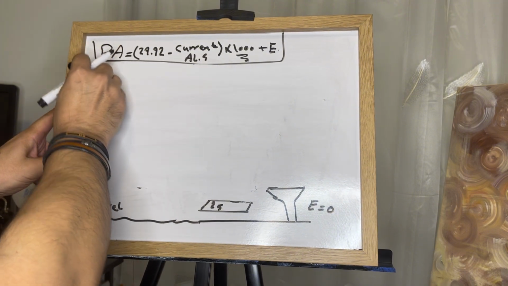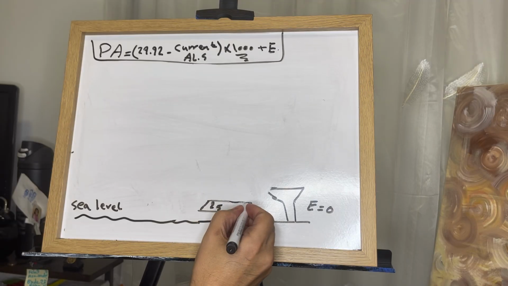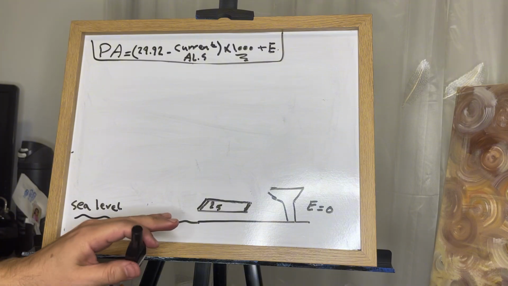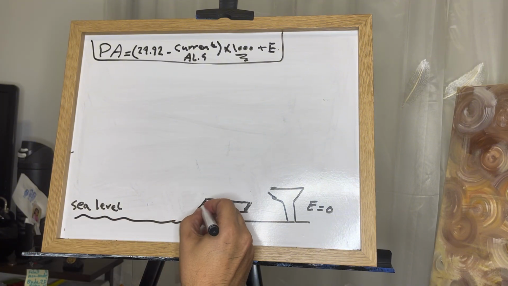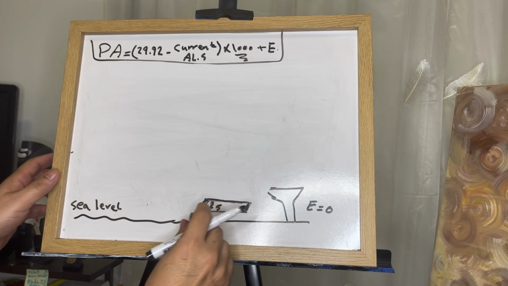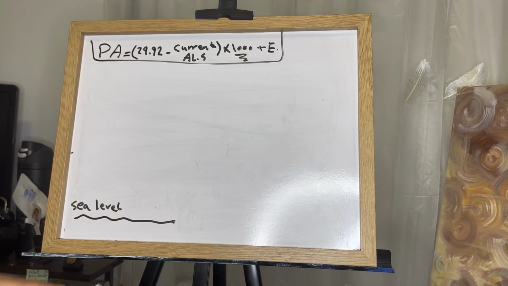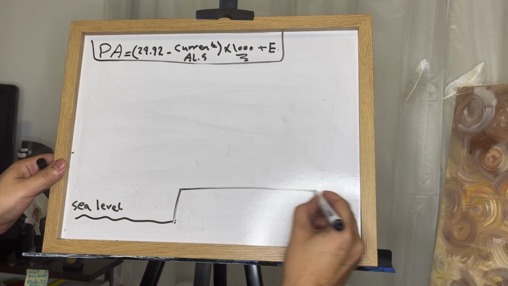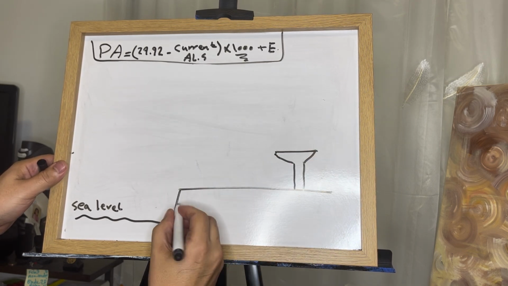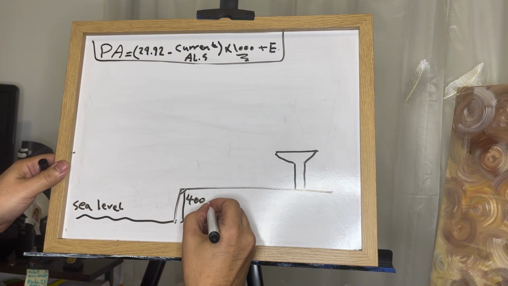So let's do another example for better understanding. At this station, we are assuming the station or airport is at 400 feet above sea level.